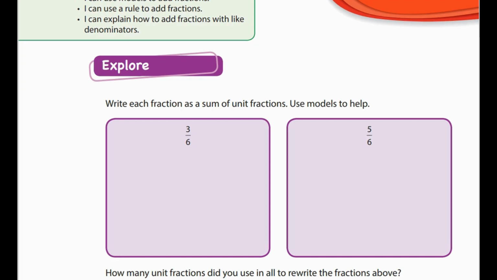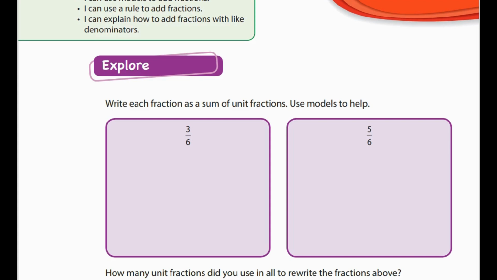That's the task at hand. We are going to use models to also add fractions with like denominators, and we're going to be able to explain how to add fractions with like denominators.